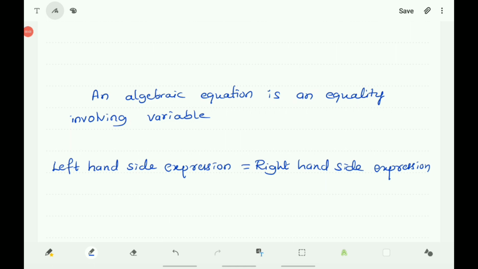With the help of the above examples, it is clear that an algebraic equation is an equality involving a variable, and here there are two parts, the left hand side expression and the right hand side expression.